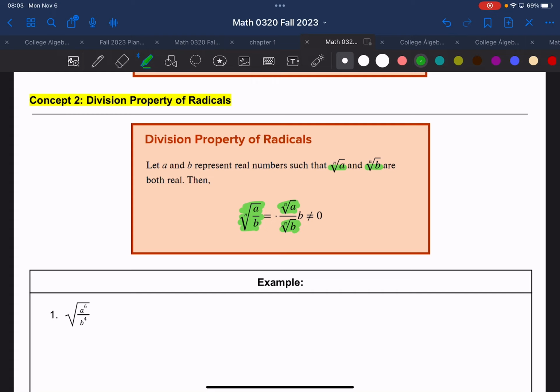And then this b cannot equal 0. It's just telling us that in our denominator, we cannot have a 0, or our answer is considered what? If we have a 0 in the denominator, undefined. So that's all this part is saying, that b cannot equal 0.